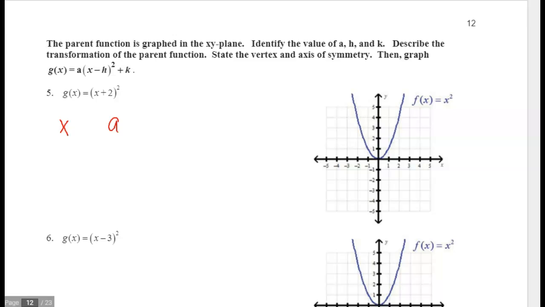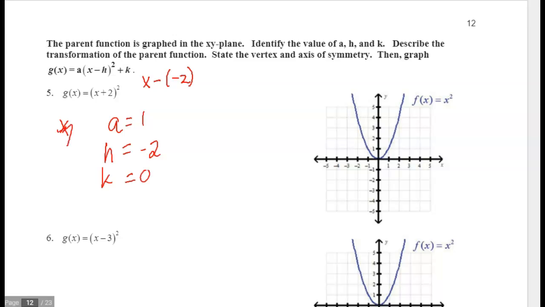So our A is equal to 1. Our H is equal to, and remember, let's not do this one incorrectly. So our H is -2, and our K is 0.